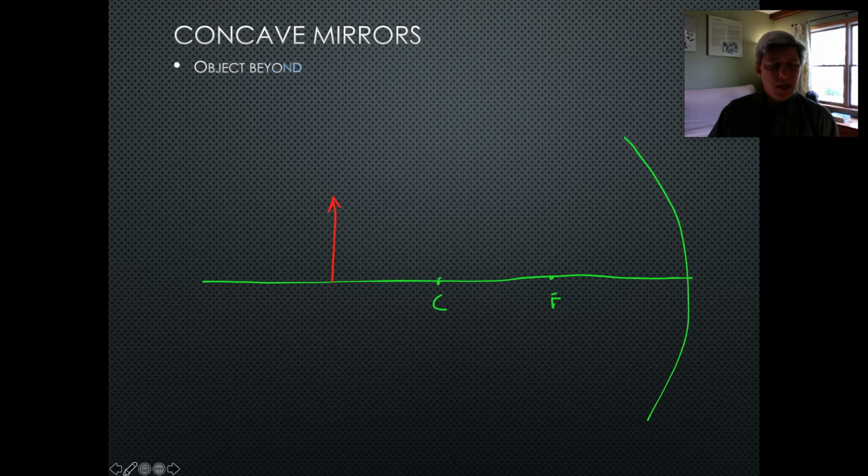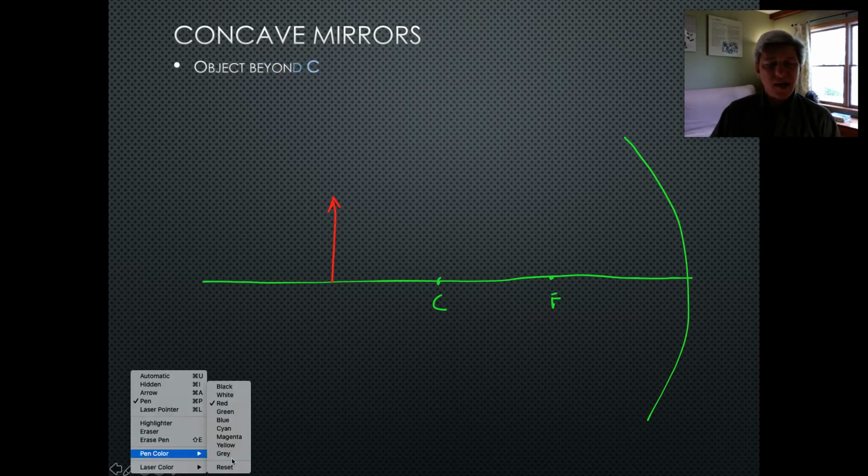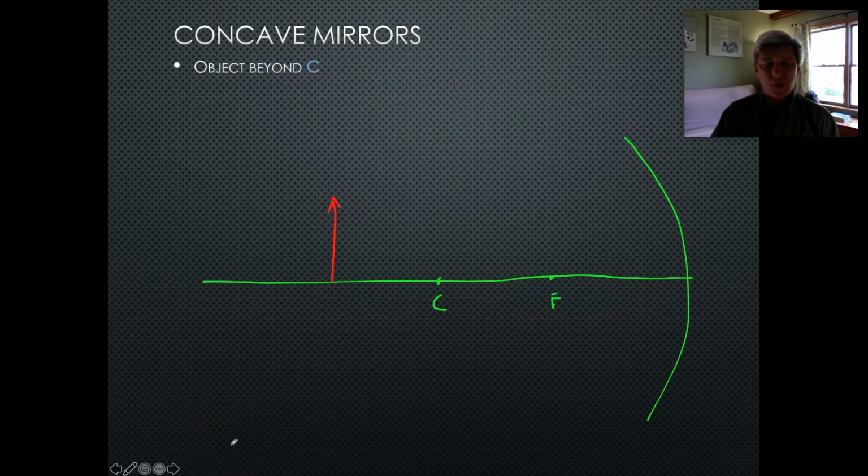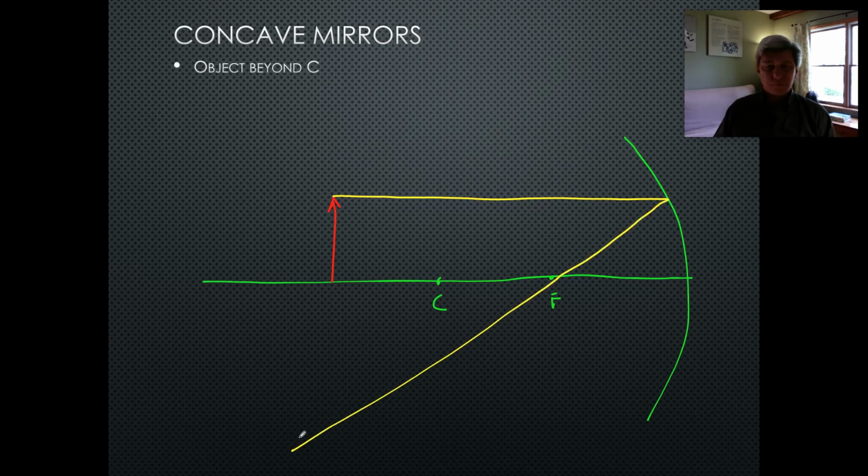And the object is going to be located beyond C, beyond the center of curvature, but not at infinity, not too far away. And so now I'm going to send my first ray of light running parallel to the principal axis so that I know exactly where it's going to be reflected through. It's going to be reflected right through the focal point.